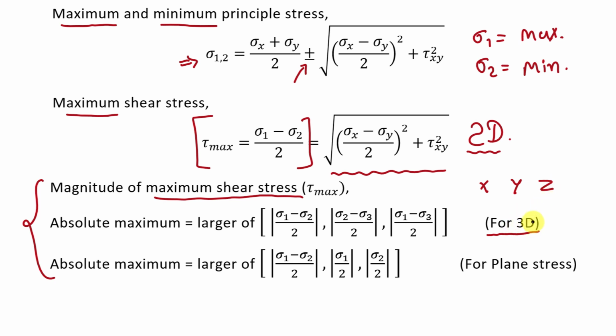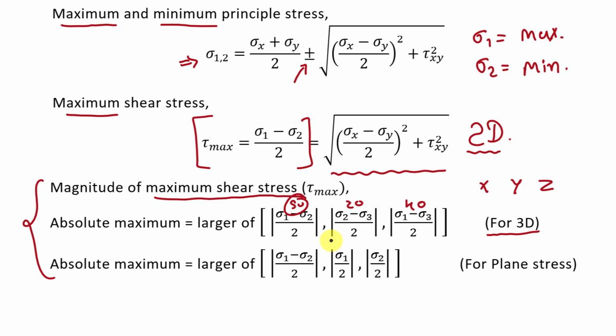In that case, to find the maximum shear stress tau max, we have to take the absolute maximum, meaning the larger of these three values: sigma 1 minus sigma 2 by 2 in mod, sigma 2 minus sigma 3 by 2 in mod, and sigma 1 minus sigma 3 by 2 in mod. So if, let's say, this value is 50, this value is 20 and this value is 40, then we have to take the maximum shear stress as 50.